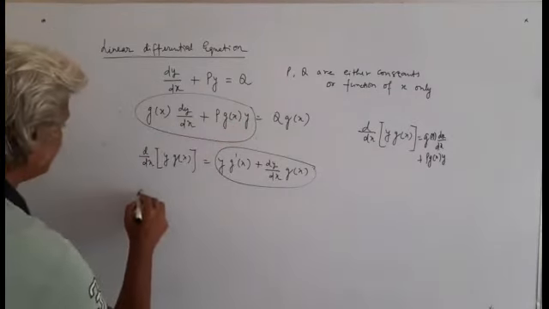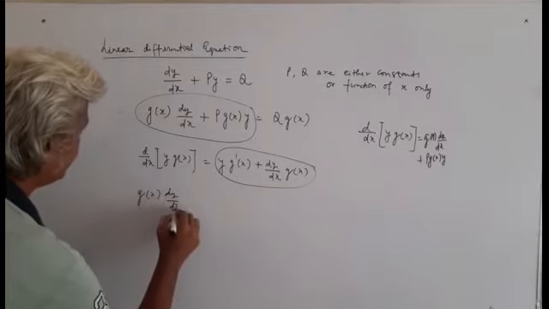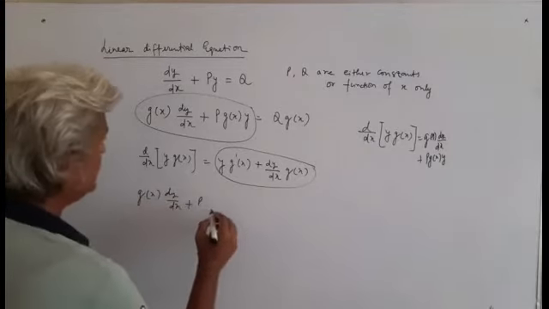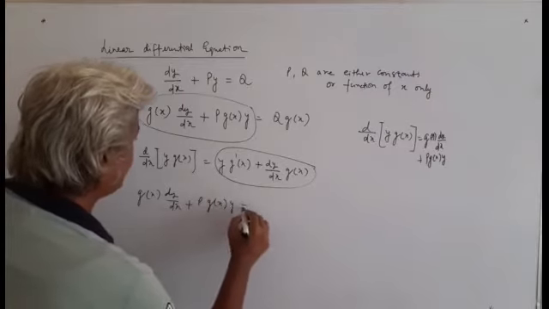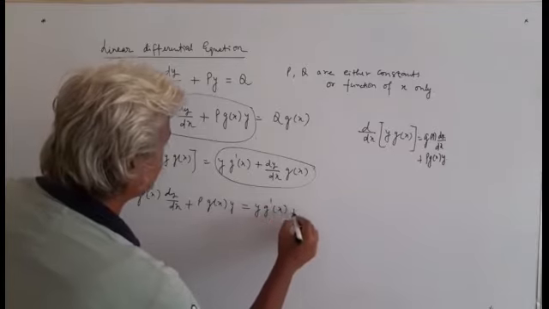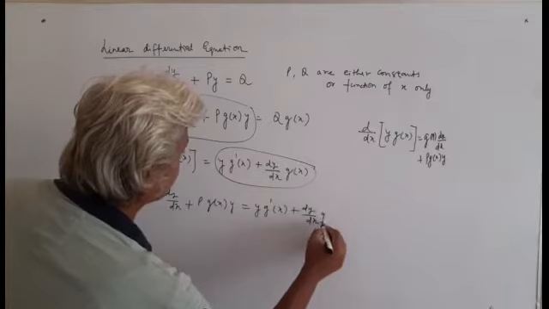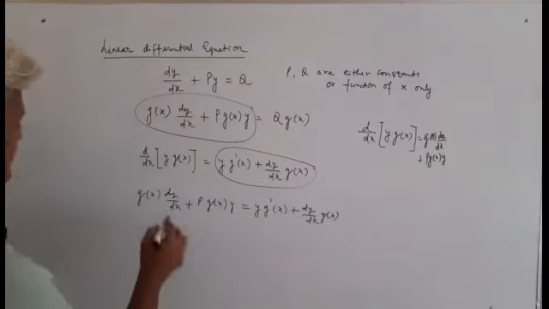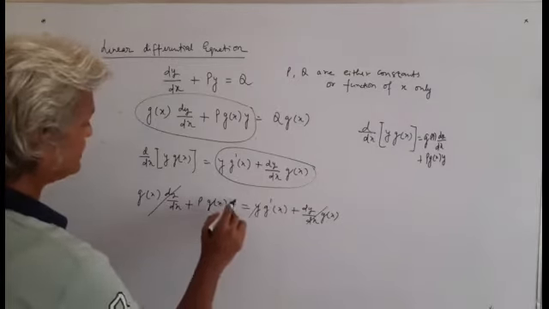So we have g(x) dy/dx + P g(x) y = y g'(x) + dy/dx g(x). Now this and this cancel, y is cancelled.